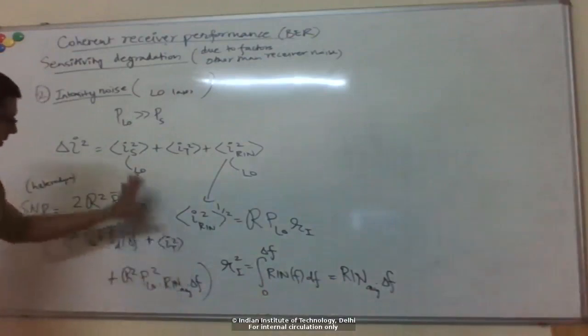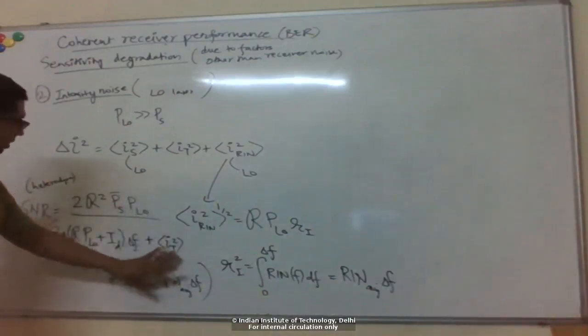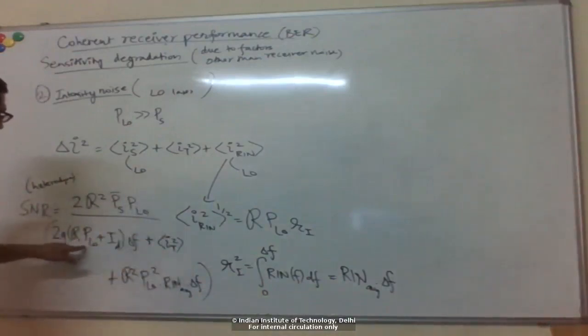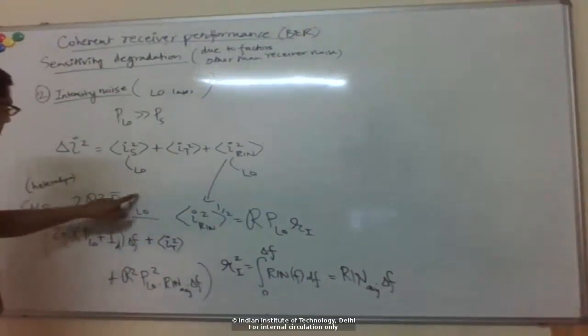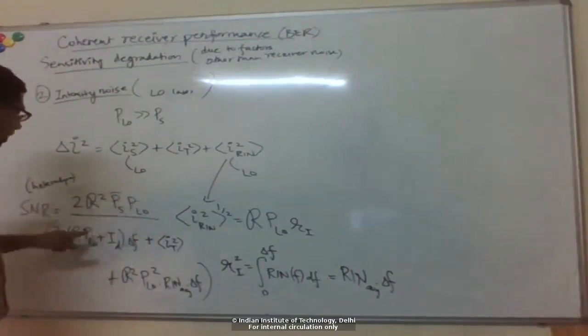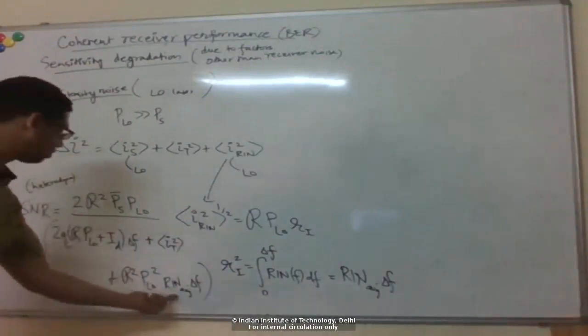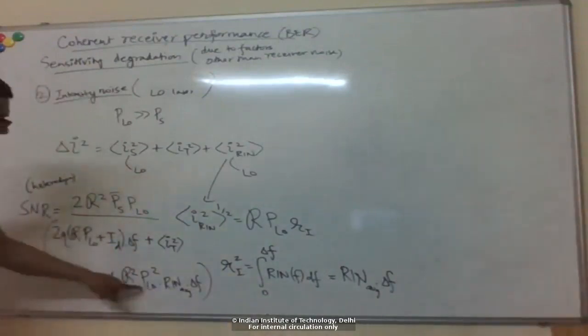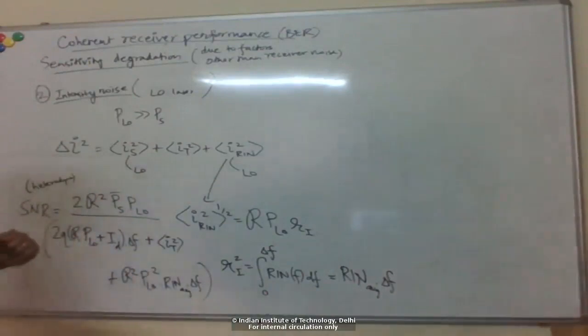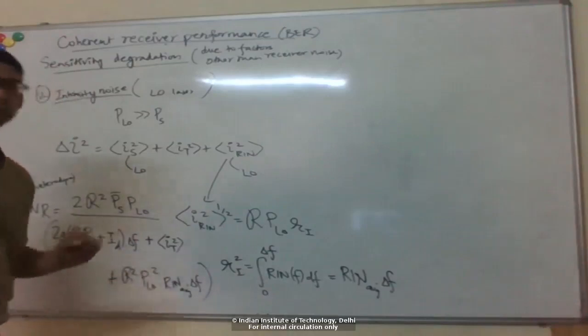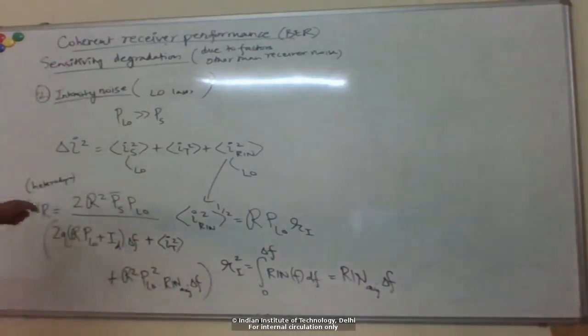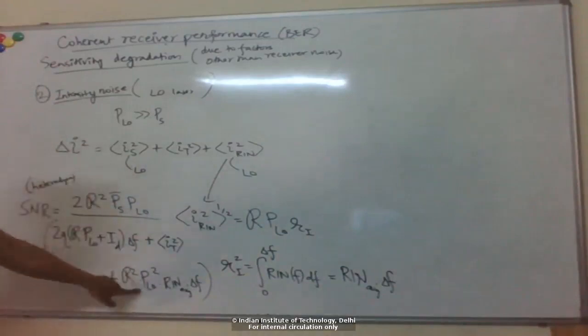So far we neglected the RIN noise, and as we increase local oscillator power, the first term will become dominant over the second term, and then we go into the shot noise limit where the local oscillator powers cancel in the numerator and denominator. But now if you have RIN noise also, you can see that it scales as the square of the local oscillator power, right? So as we increase the local oscillator power, this term will scale very fast, and my SNR won't improve anymore. After some point, it will actually start degrading.